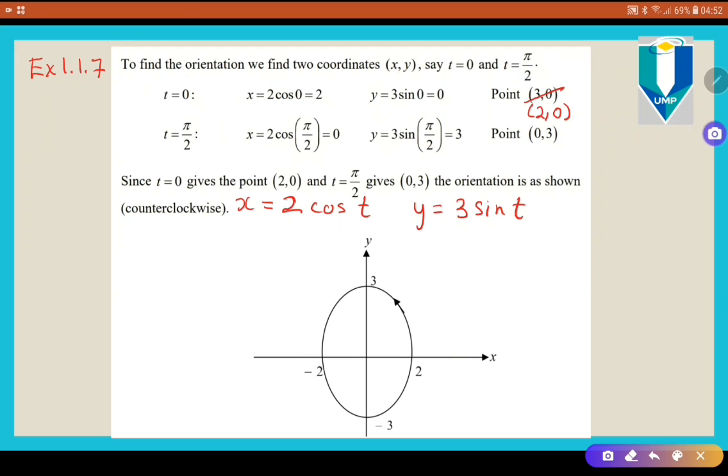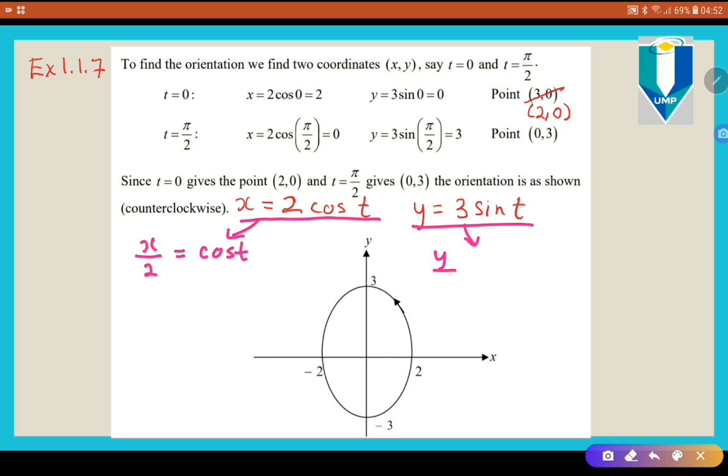So let's look at example 1.1.7 again. We are given this parametric equation, x equivalent to 2 cos t and y equivalent to 3 sin t. From this first equation, we divide everything by 2, so we get this equation. And for the second equation, we divide everything by 3.